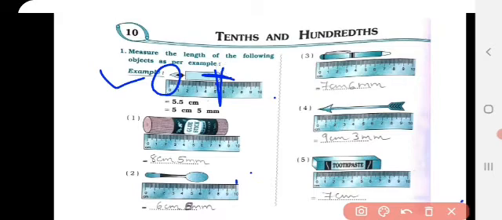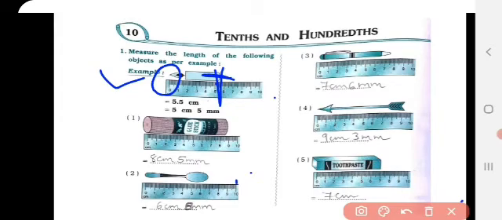Whenever you have the numbers like 1, 2, 3, 4, 5, 6, 7 on a ruler, that will be your centimeters. And when the candle extends after 5 also, the length of the candle can be measured.